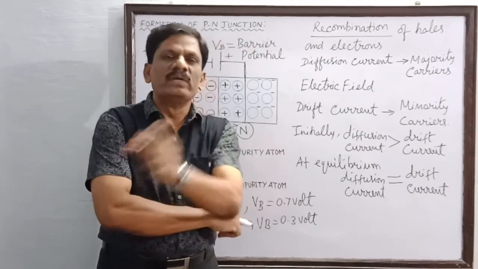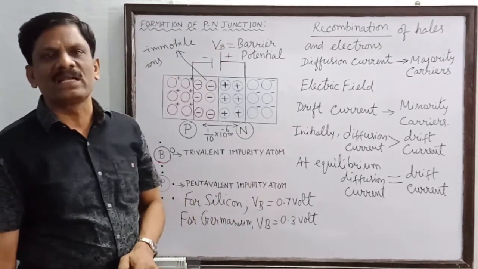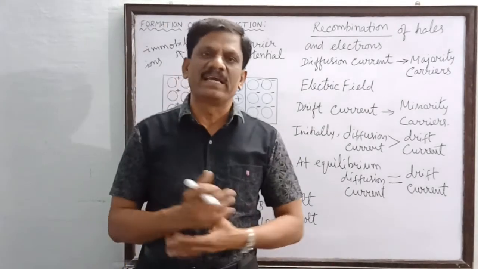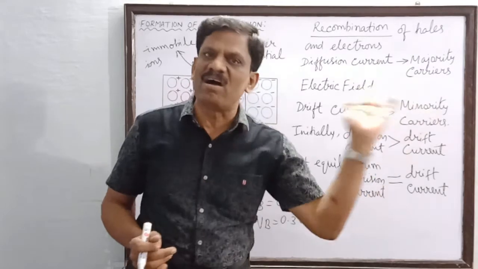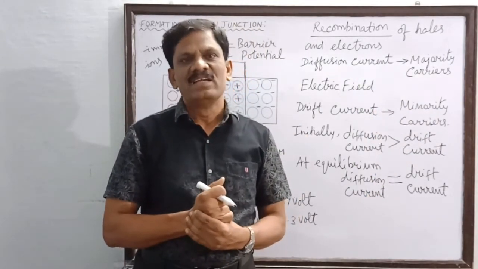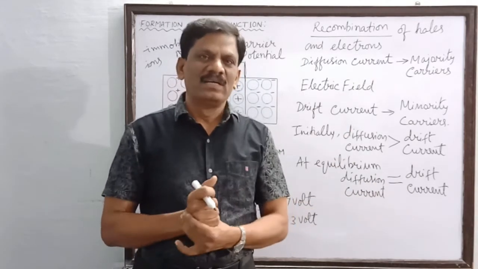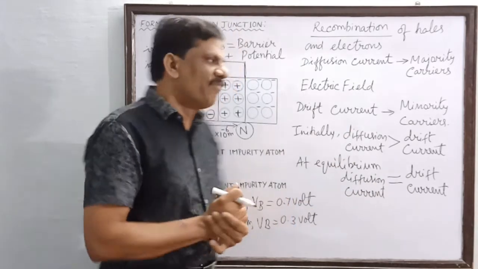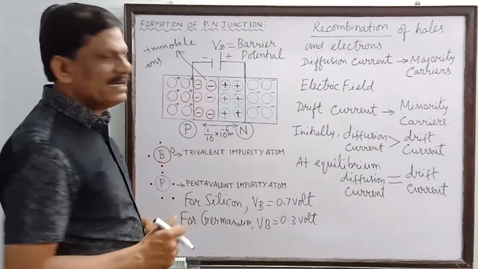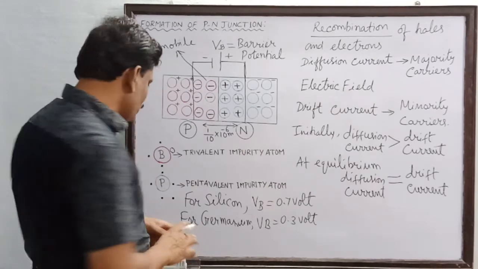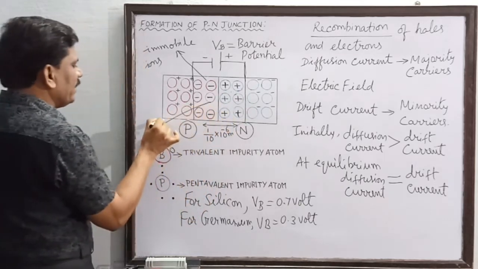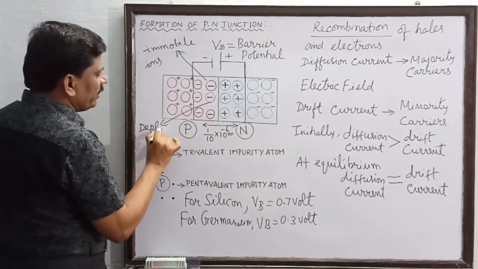Understand, students? So in this region of width 1 micrometer to 1/10 of a micrometer, we are unable to see any free charge carriers because it is depleted of the free charge carriers like the electrons and the holes. So this region is called the depletion region.